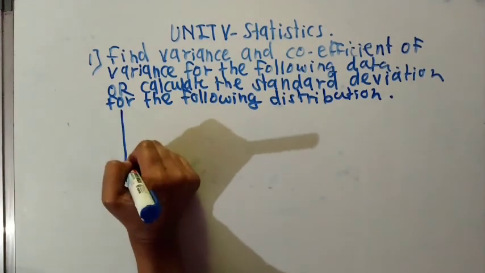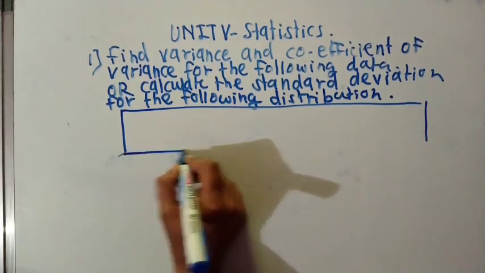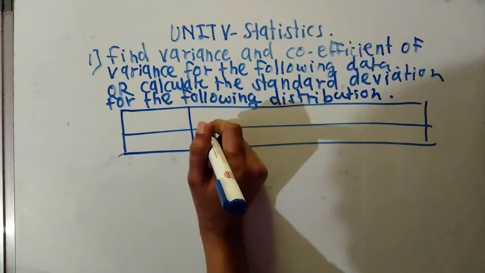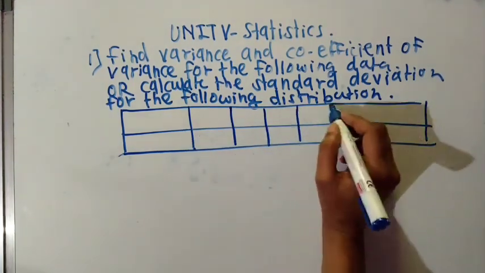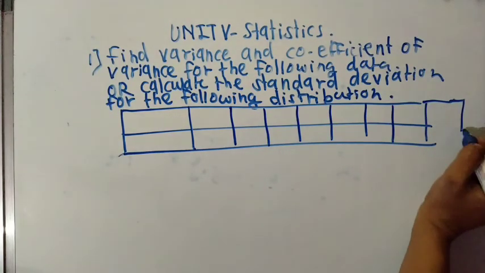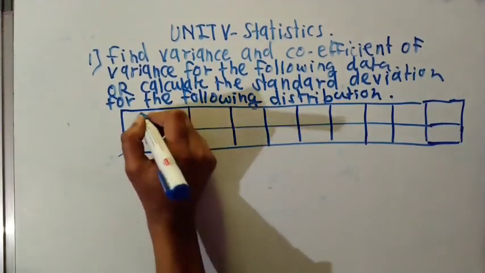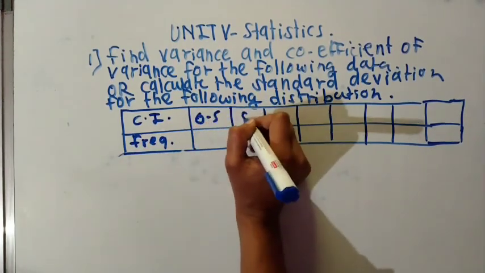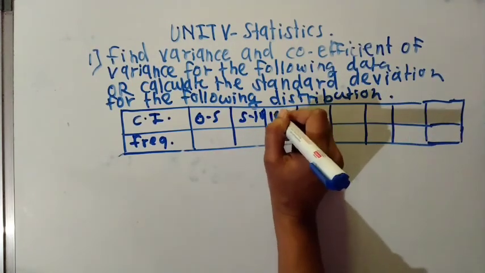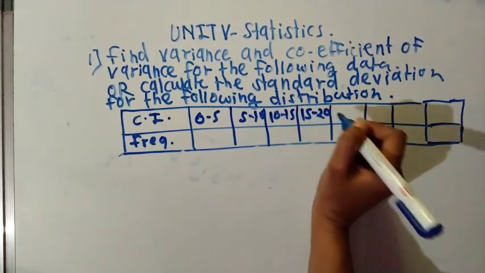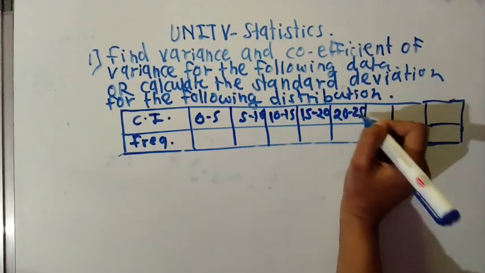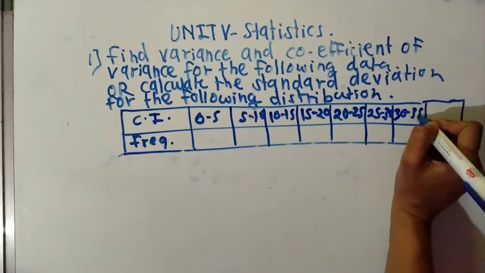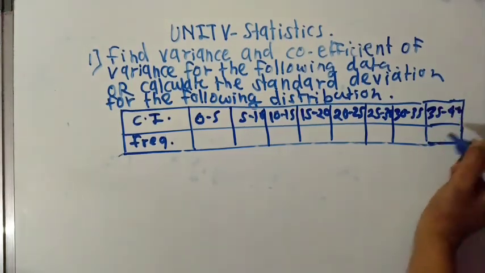So, first we draw this class interval. This is class interval and this is frequency: 0 to 5, 5 to 10, 10 to 15, 15 to 20, 20 to 25, 25 to 30, 30 to 35, and 35 to 40.